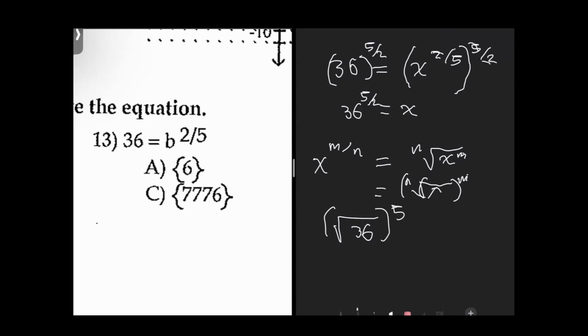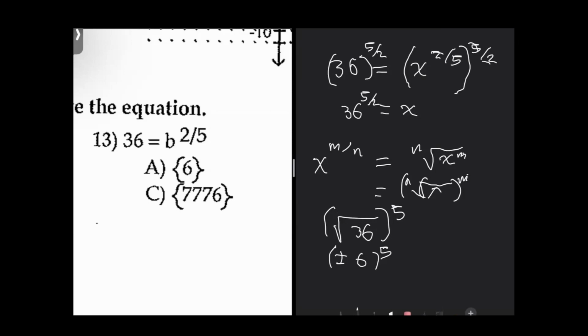So the square root of 36 is plus or minus 2. No, the square root of 36 is plus or minus 6. And we're taking it to the 5th power.